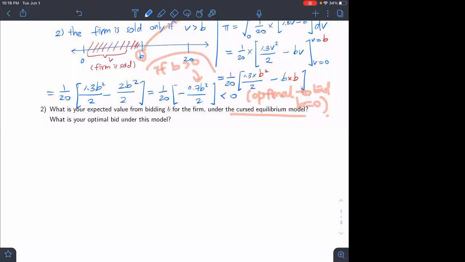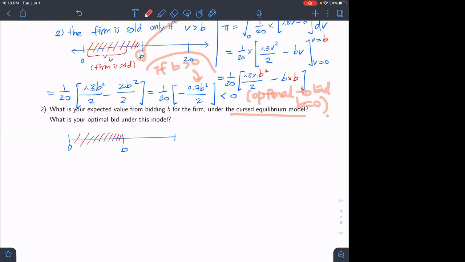People think that if I bid B, then they know that they can acquire the firm in this range, but they think that this probability is fixed.